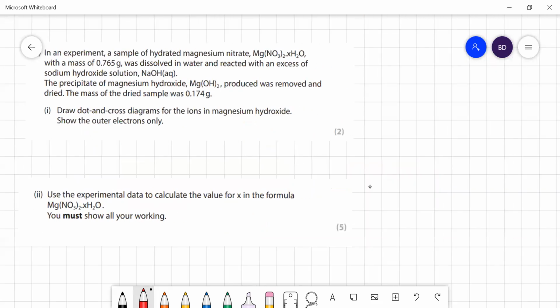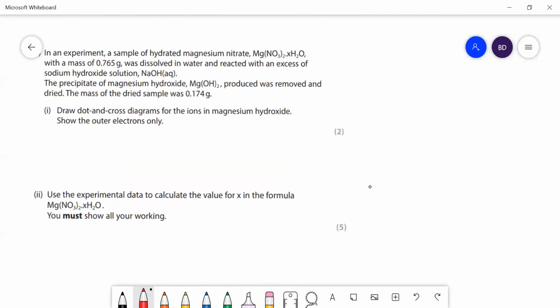Hydrated magnesium nitrate, we'll do the calculation bit in a minute. It says, first of all, draw the dot cross diagram for the ions in magnesium hydroxide, show the outer electrons only. So magnesium, I'm just going to write down Mg is going to be 2+, and there's no electrons in the outer shell, so I won't draw anything there.